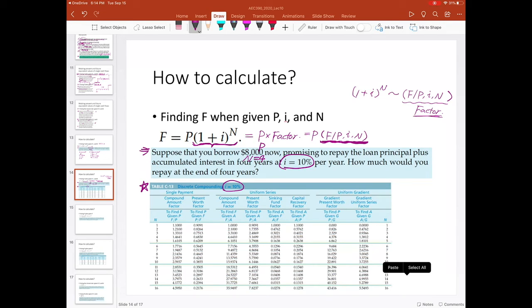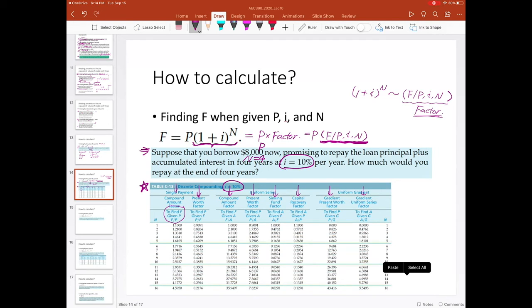After that, you are going to find the value of the factor. How do you find it? You want to check the columns. Each of them represents a single scenario. Find F given P. That's our case.